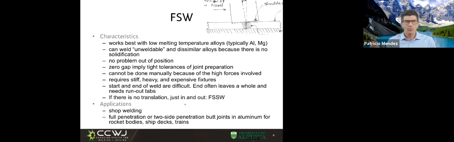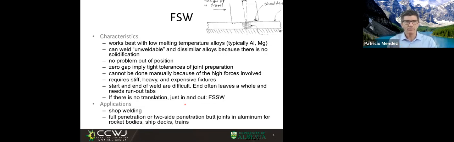Applications: shop welding. You're not going to be doing friction stir welding in the field. You use it for full penetration or two-side penetration butt joints in aluminum for rocket bodies, but also other things: ship decks, trains. One of the latest generations of ships, the combat ships in the US, is called the littoral combat ship, meant to be somewhere near shore.